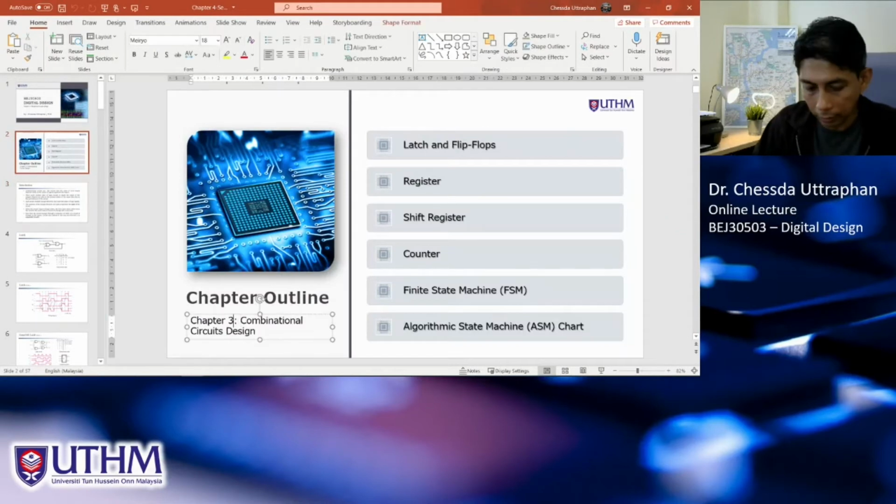This is not chapter 3 anymore, but this is chapter 4, which is sequential circuit design.